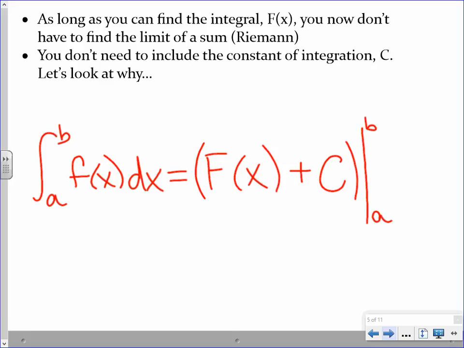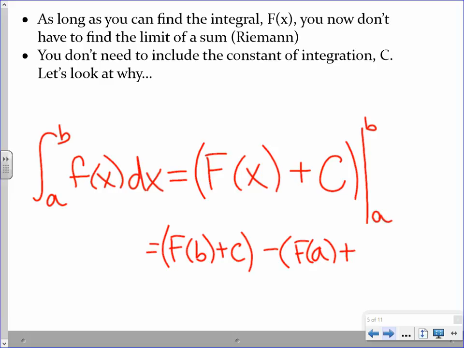That means evaluate. Like Sammy said, if we plug in B, and then we plug in A, those C's are going to cancel, leaving antiderivative of B minus antiderivative of A. So if you have limits of integration, you don't have to worry about forgetting your plus C.